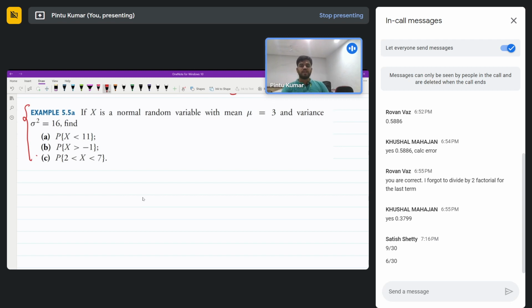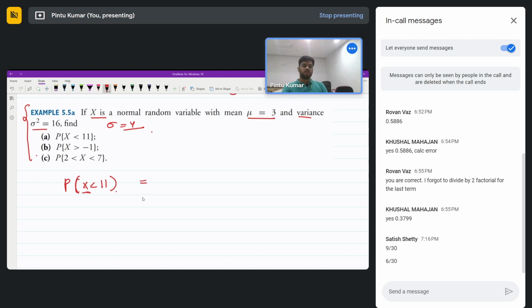So let's say x is a random variable with mean mu and variance equal to 16, so your standard deviation is 4. You want to find the probability that x is less than or equal to 11. The easiest way to do this is to convert it to standard normal distribution.